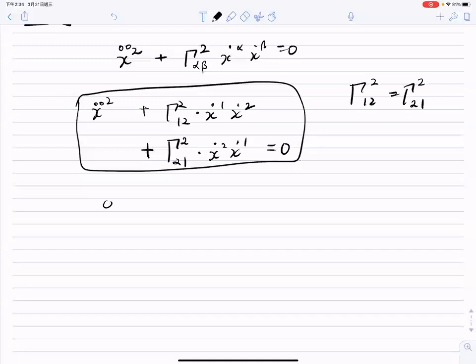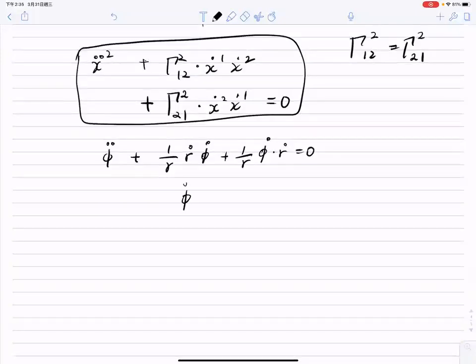The x double dot 2 is the phi double dot plus the gamma 212. It will be 1 over r, times the r dot x1 and times the phi dot. And the second term, 221, is the same as the 212, equal to 1 over r times the phi dot and times r dot.